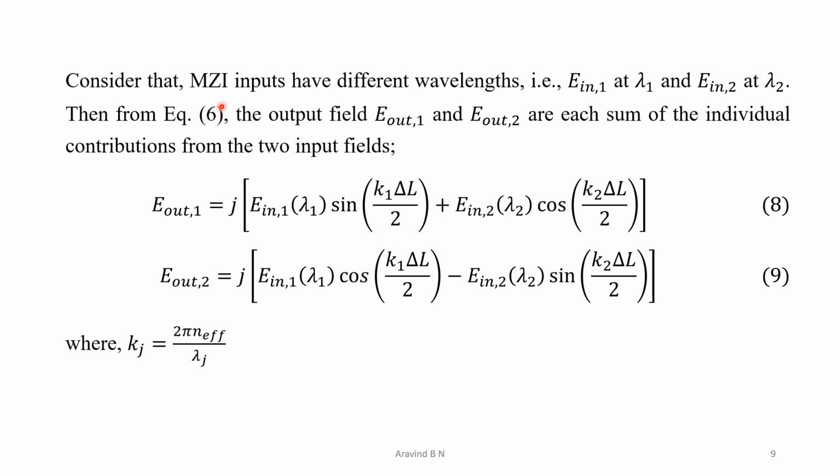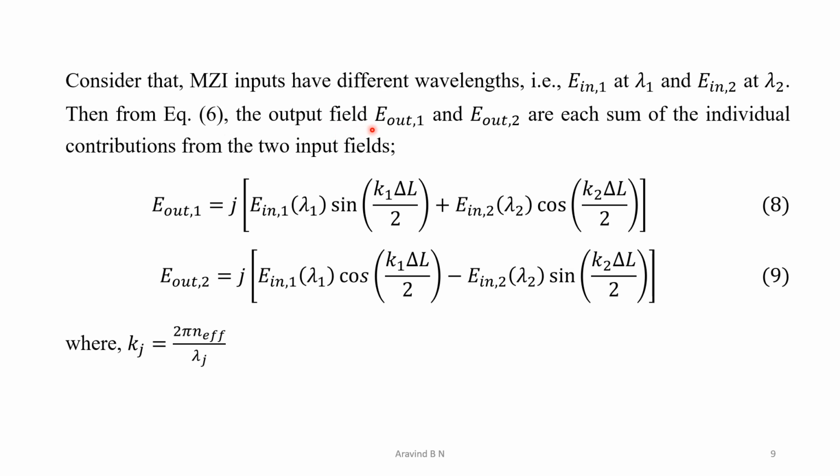So now we are going to have a consideration over here. Let us have at the input E in 1 the wavelength be lambda 1, and at E in 2 let the wavelength be lambda 2.